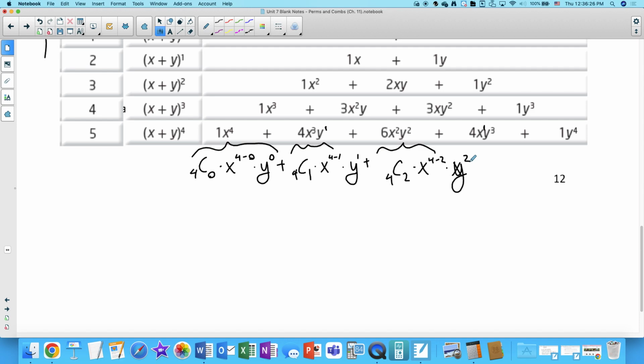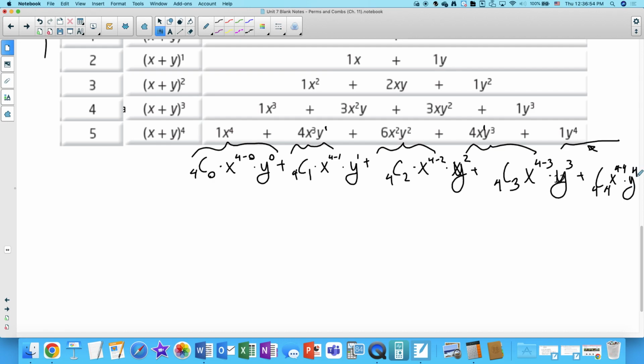Okay? This guy over here is 4 choose 3, x to the 4 minus 3 times y cubed. And then the final one, this guy, is 4 choose 4. 4 choose 4 is 1. X to the 4 minus 4, which is x to the 0, y to the 4.